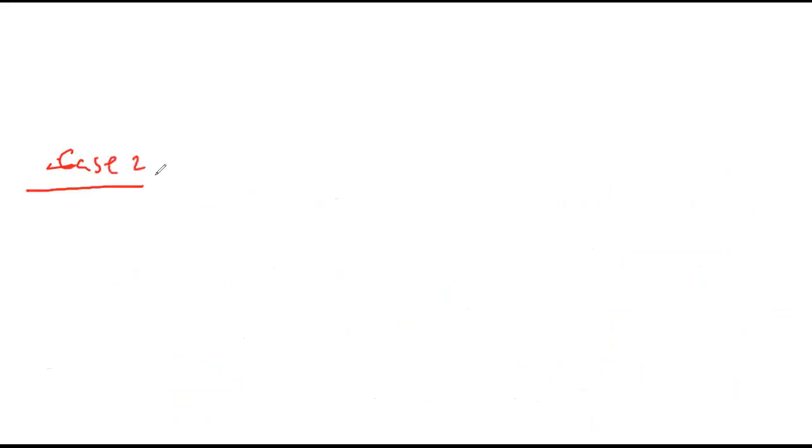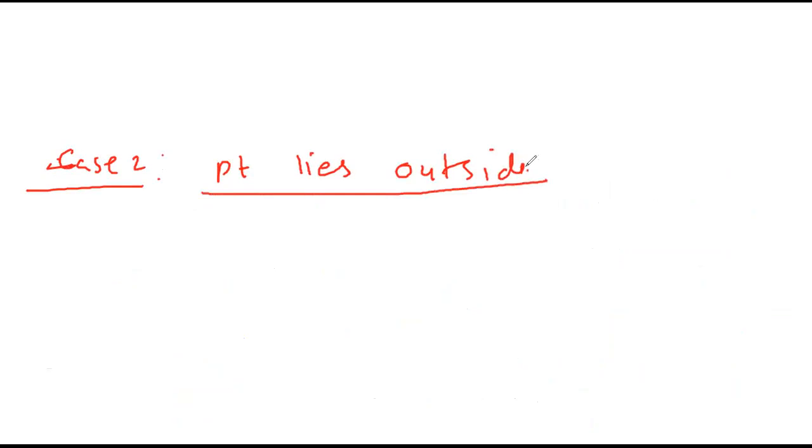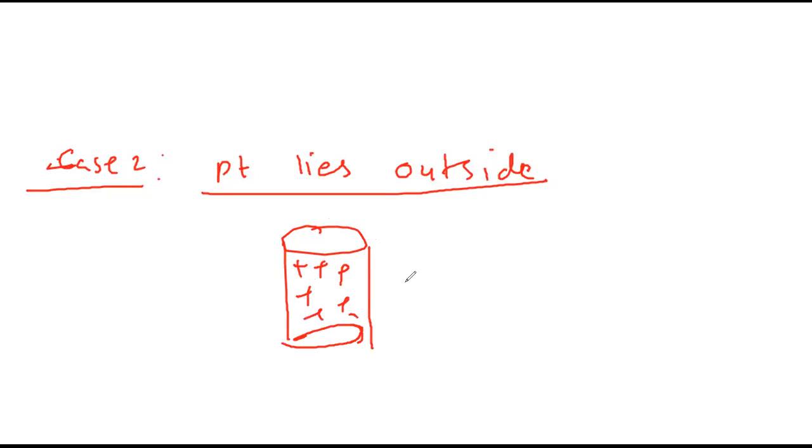Case 2, the point lies outside. So this is a cylinder which is non-conducting solid, charge is inside, the point lies outside.